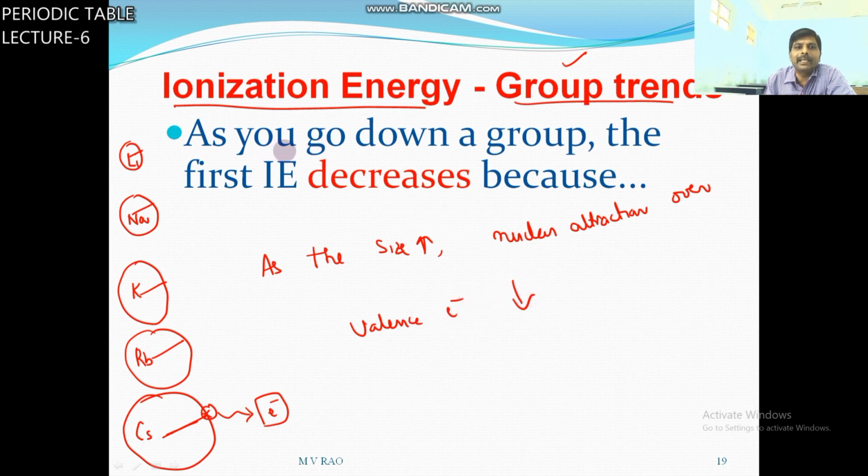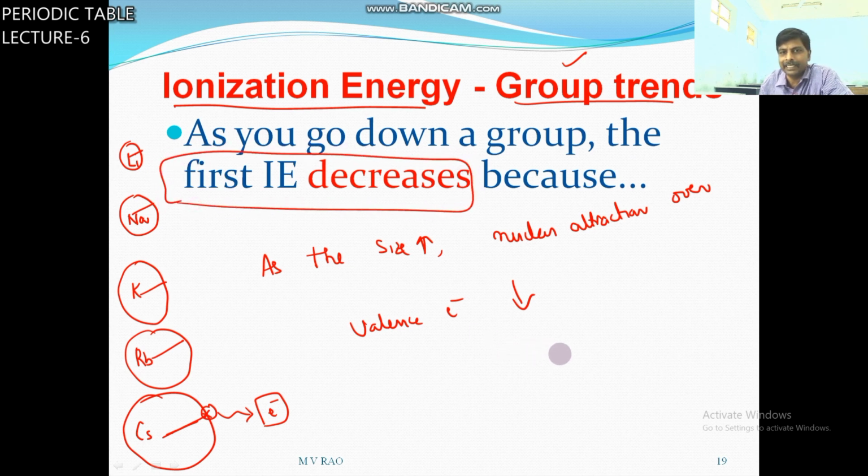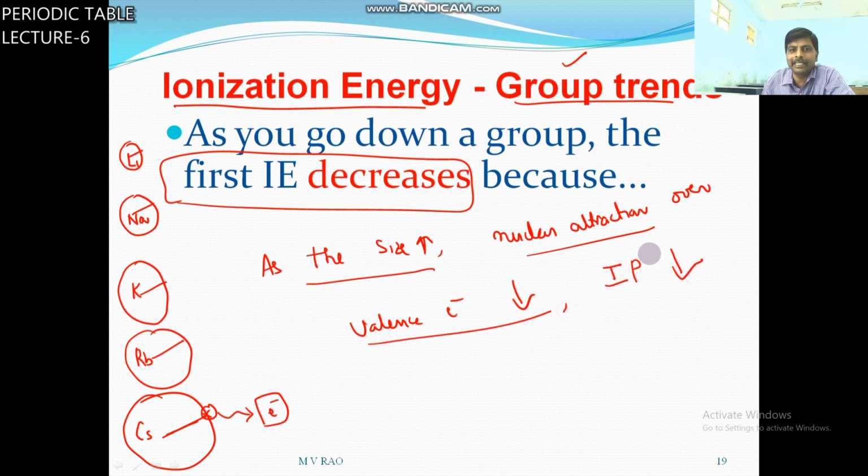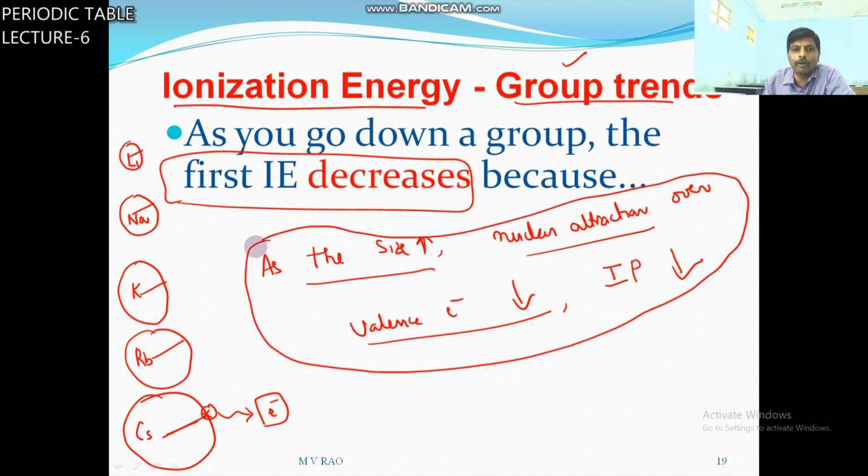So that's why as you go down the group, first IP decreases, first ionization enthalpy decreases. Why? As atomic size increases, nuclear attraction decreases, hence ionization potential decreases. This point you have to remember. In a group from top to bottom, size increases, hence nuclear attraction decreases, hence IP value decreases.